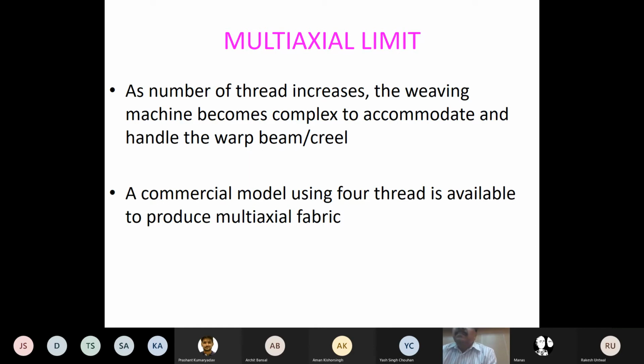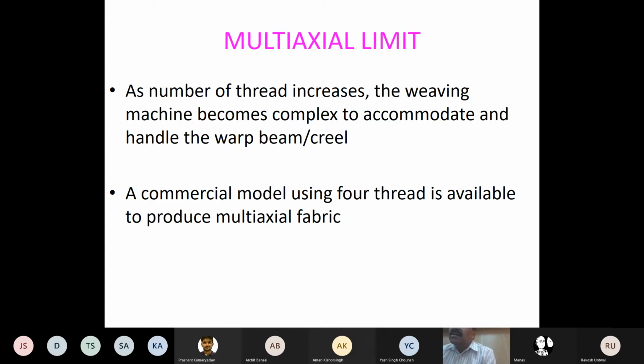That's the basic limitation of increasing the number of beams, number of warp threads, means difficult to produce a multi-axial fabric with higher number of warp threads.